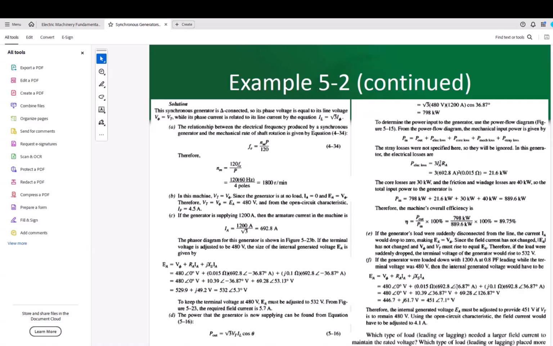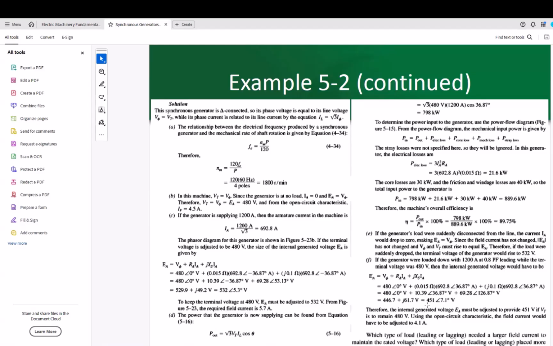The calculations associated with this angle now, plus 336.87, would give us basically the internal voltage to be at 451. And you can compare that with 532 in part C when you had lagging power factor. So generally speaking, with the leading power factor, you require less.